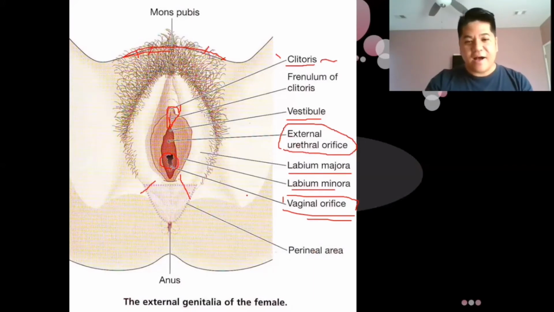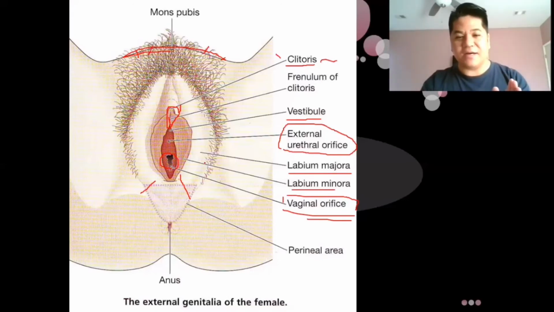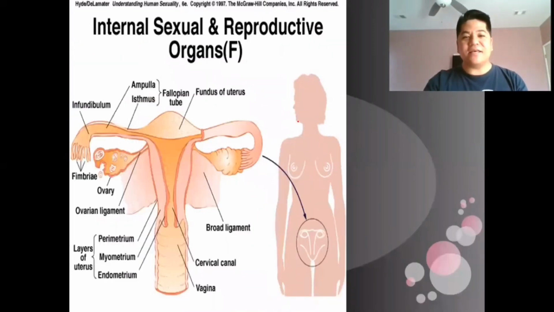Now, looking back here, the female is at risk for UTI because the urethra is more vertical and shorter. Now let's talk about the internal reproductive system of females.